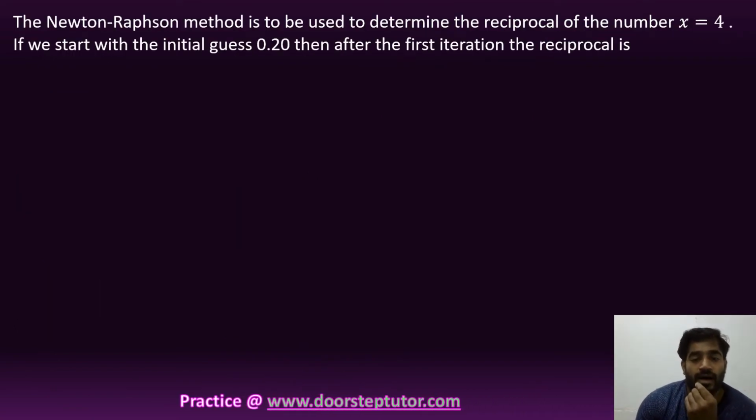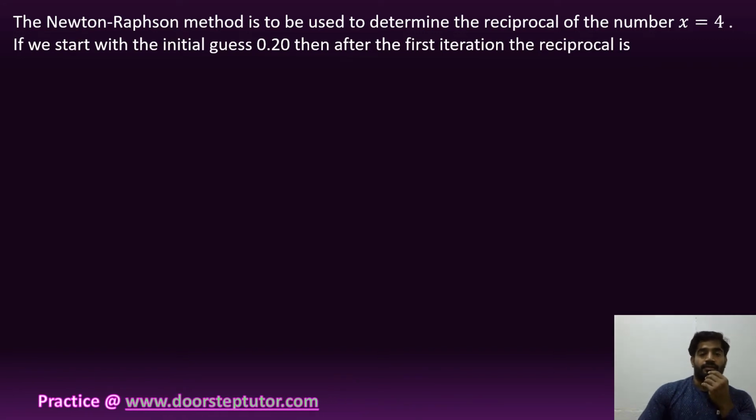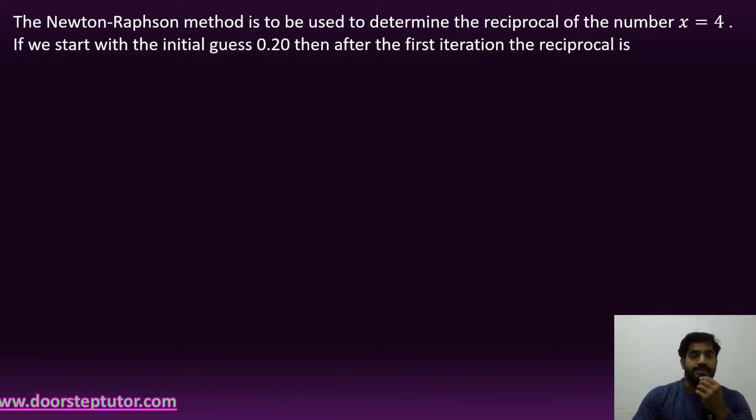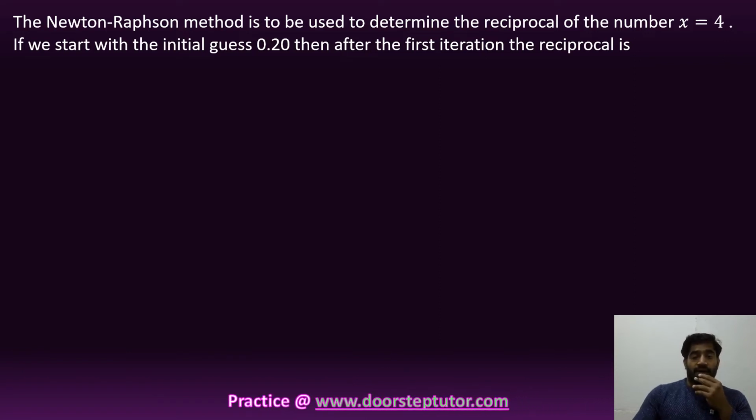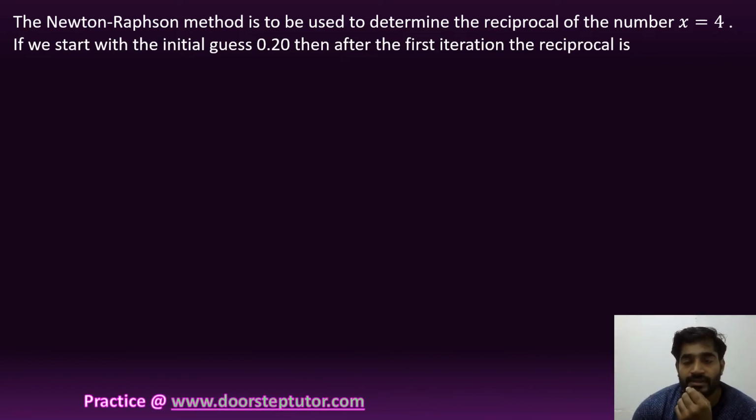This question was asked in the recent year 2022. You can see that Newton Raphson method is used to determine the reciprocal of number x equals 4 and an initial guess is given. Is any function given? Is any equation given? Directly, no equation, no function is given.